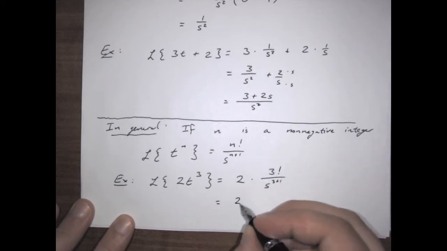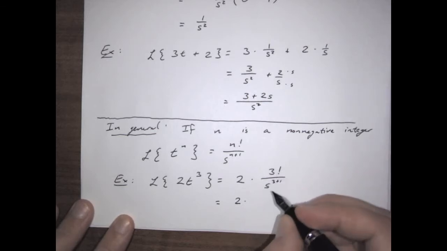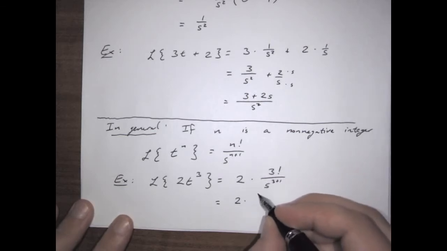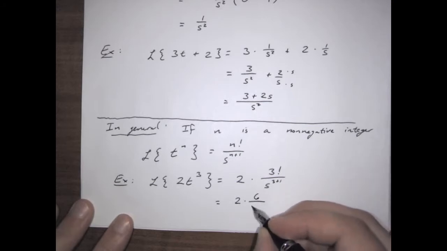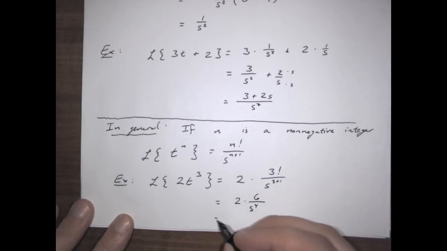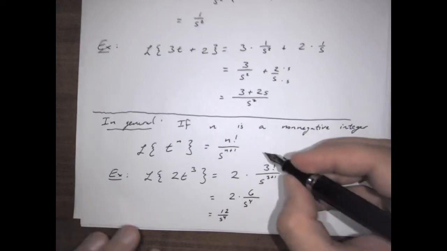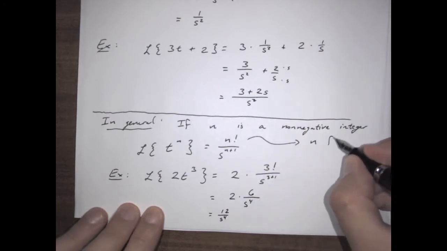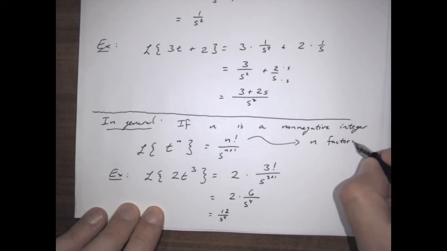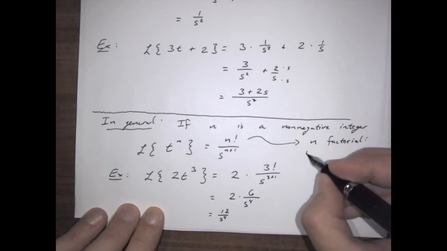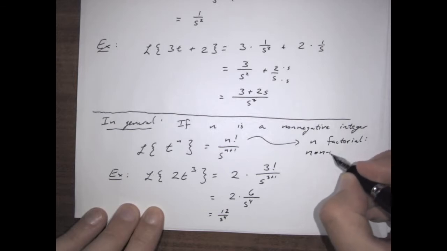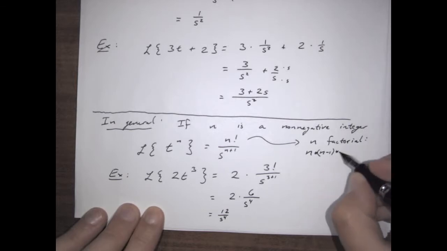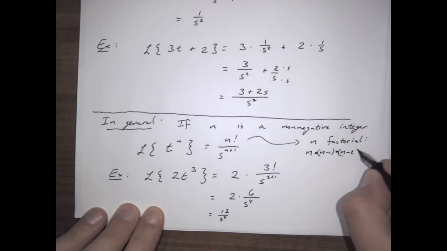So 3 factorial is 3 times 2 times 1, which is 6. So that'll be 12 over s to the fourth. And in case you haven't seen this before, n factorial is equal to n times n minus 1 times n minus 2 on down until you just get to 1.